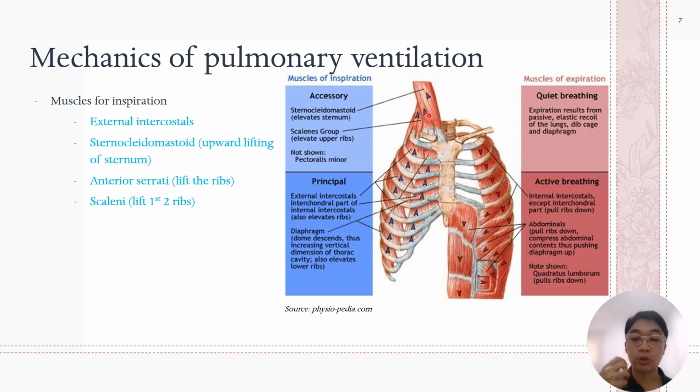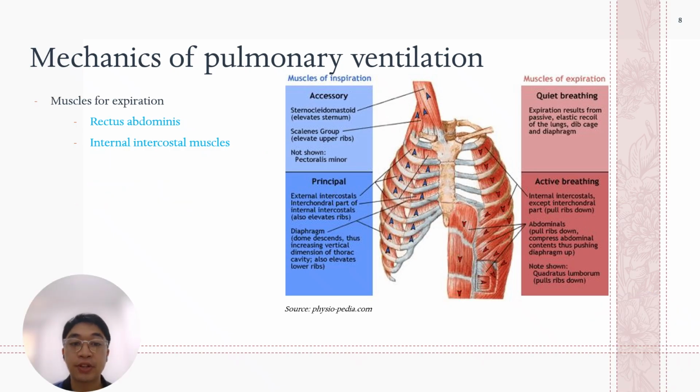This allows the upward lifting of the sternum during inspiration. We also have your serratus anterior muscles, which are responsible for elevating the ribs. And finally, the scalenus muscles, which are responsible for elevating the first two ribs.